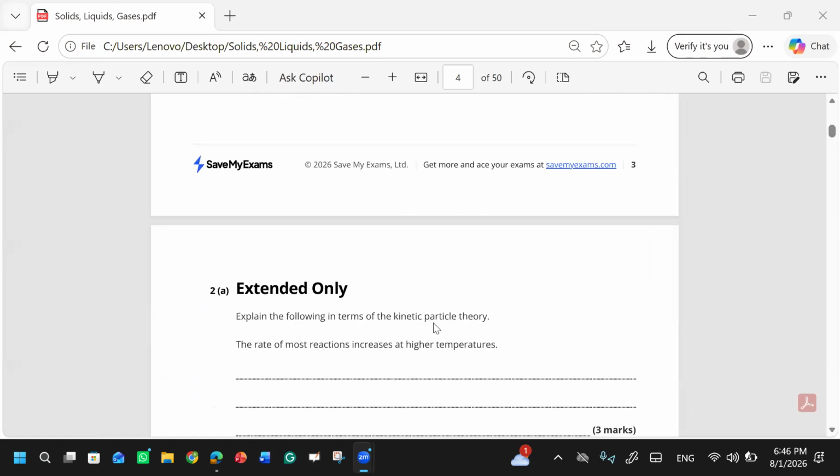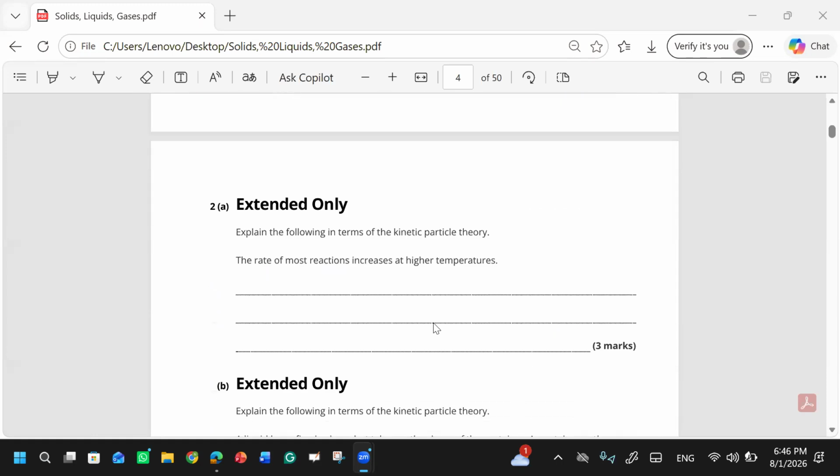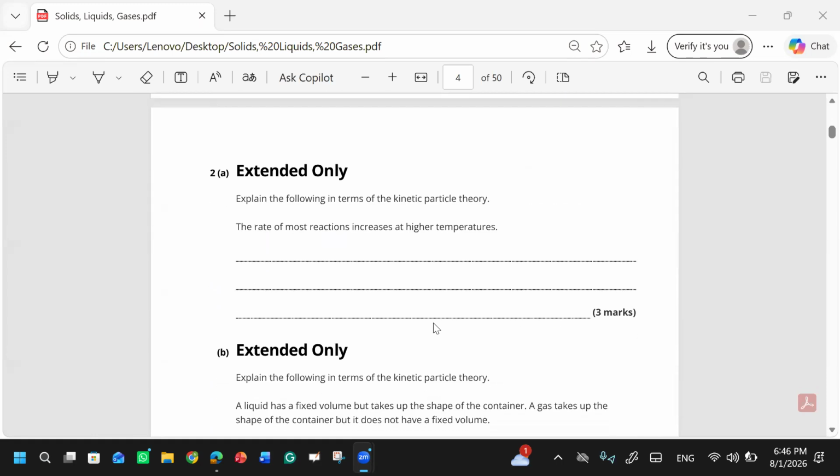Explain the following in terms of kinetic particle theory: the rate of most reactions increases at high temperature. Why?